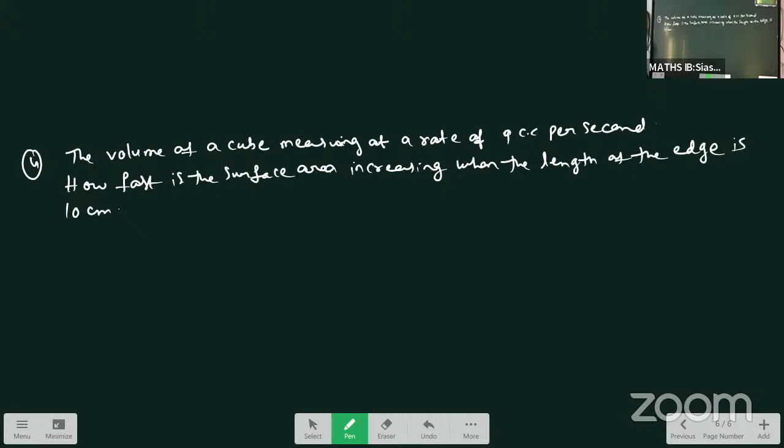So for that, what do you have to do? The length of edge 10 centimeters is given, right? So first, take x to be the length of edge. Solution goes like this.